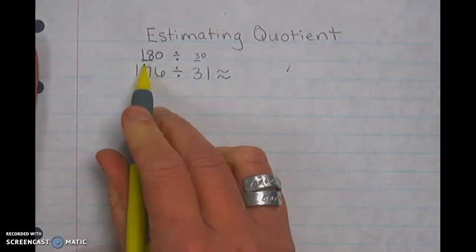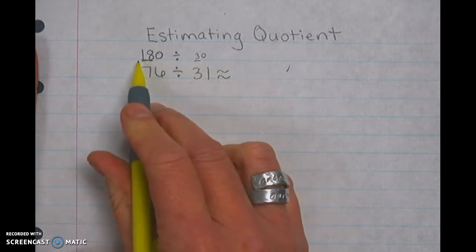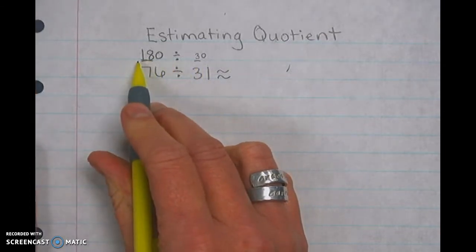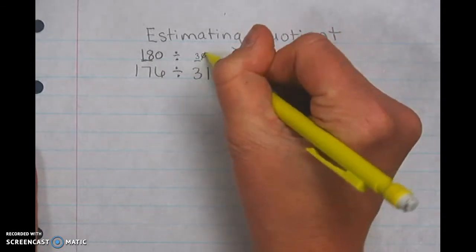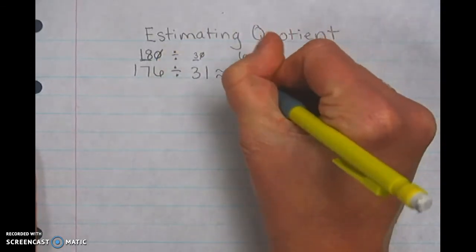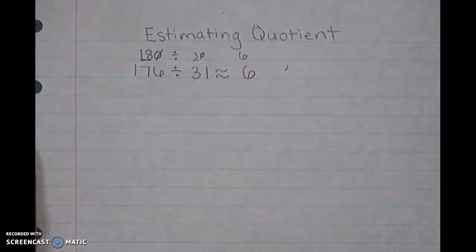I underline my digits, and 3 goes into 18 6 times. I cancel out my zeros, and my answer is going to be approximately 6.